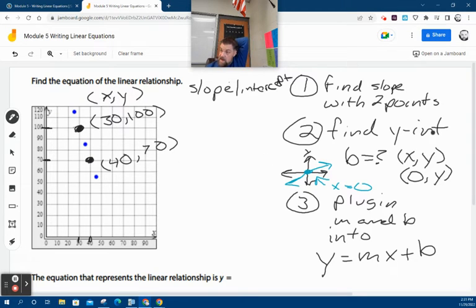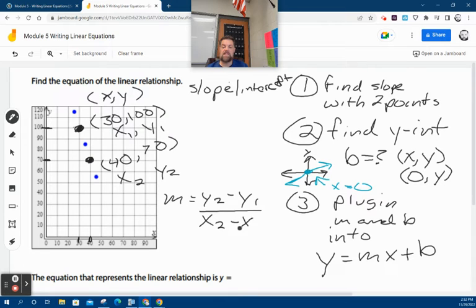Now, when I was asking you how we solve these, I heard a lot of y sub 2 minus y sub 1. That's true. So let's call this x sub 1, comma, y sub 1. Let's call this one x sub 2, y sub 2. And then let's plug it into the formula. m is equal to y sub 2 minus y sub 1 all over x sub 2 minus x sub 1.